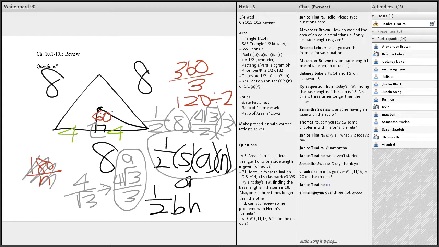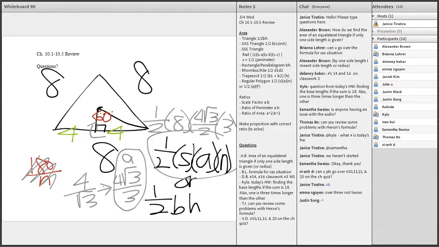Especially in this case, you'll want to leave your answer in rad form, so you will multiply all the numbers except the rad and divide all the numbers except the rad. 1/2 times 8 is 4.